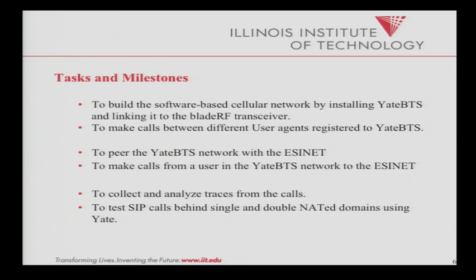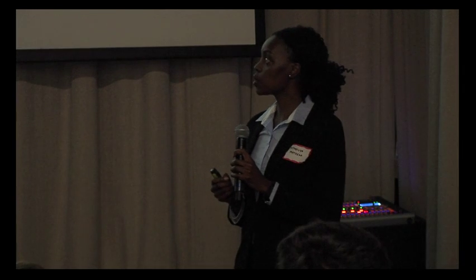We then established a peer connection between the YBTS network and the EZNet, and then we went ahead and made calls from a user that's registered on the YBTS to the EZNet, and we collected and analyzed traces from these calls. We also finally tested SIP calls that were made between users that were behind single and double NATed domains.